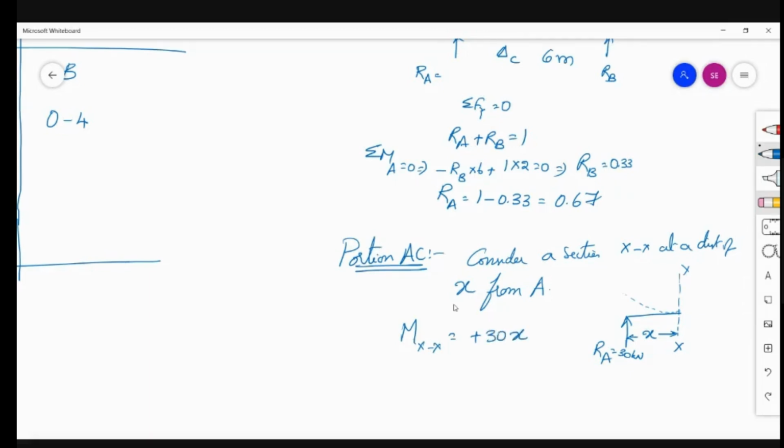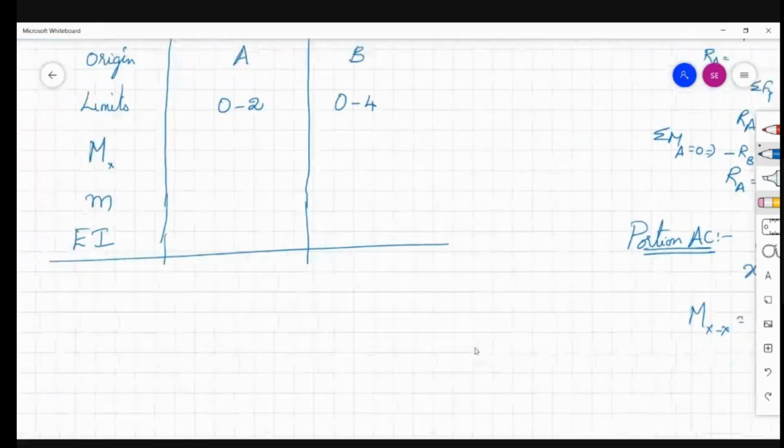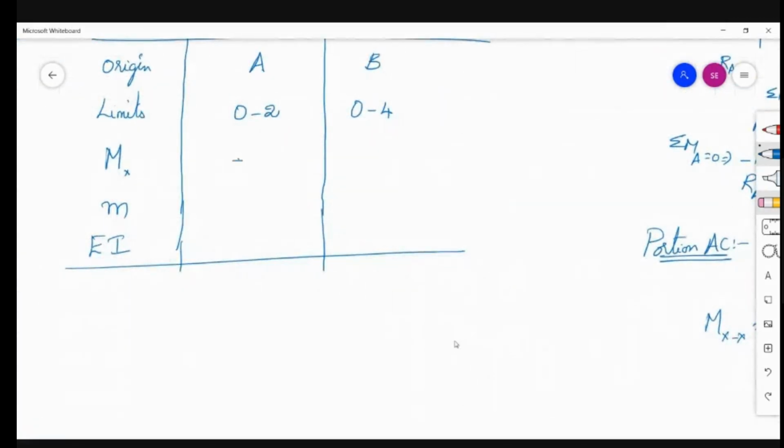You are calculating the moment at the section, not taking moment about a point equal to 0. So Mxx is plus 30 into x: the reaction into distance, which is sagging. Write down the same thing: Mx is plus 30 into x.